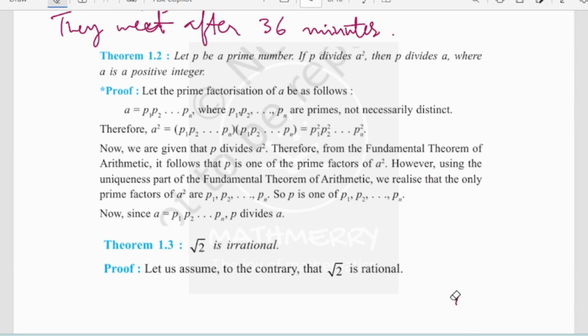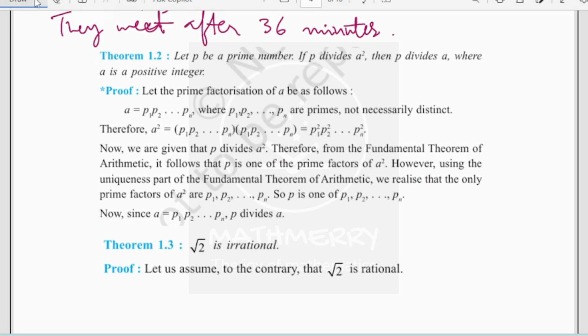Now, here what are we saying? Here we have P, which is a prime number. If P divides A square, then P divides A, where A is a positive integer. Let's just take one prime number, 3.